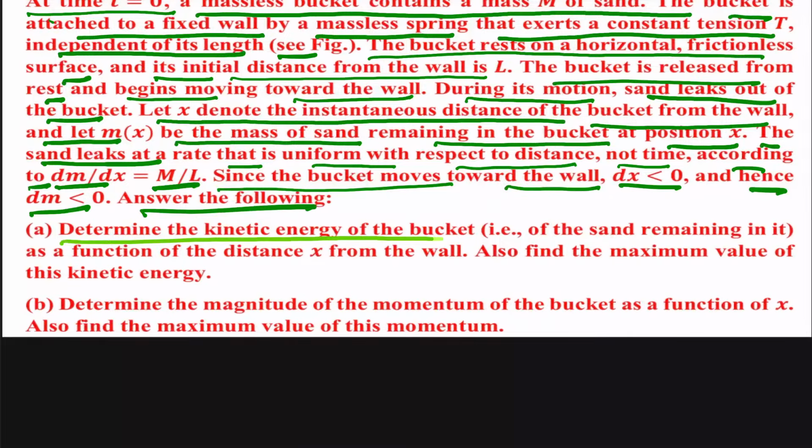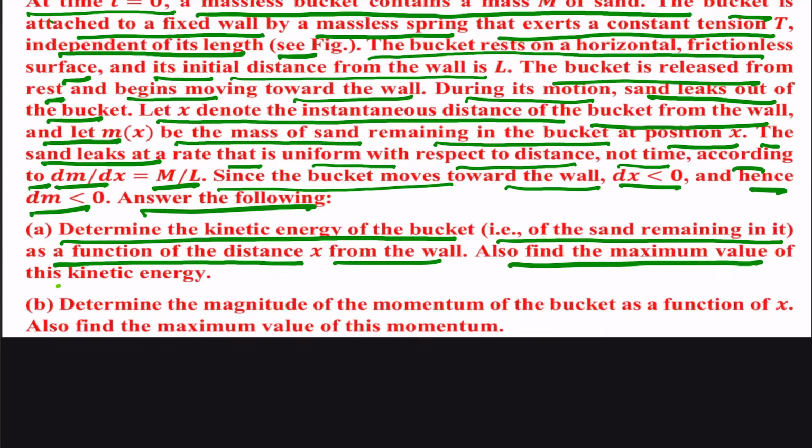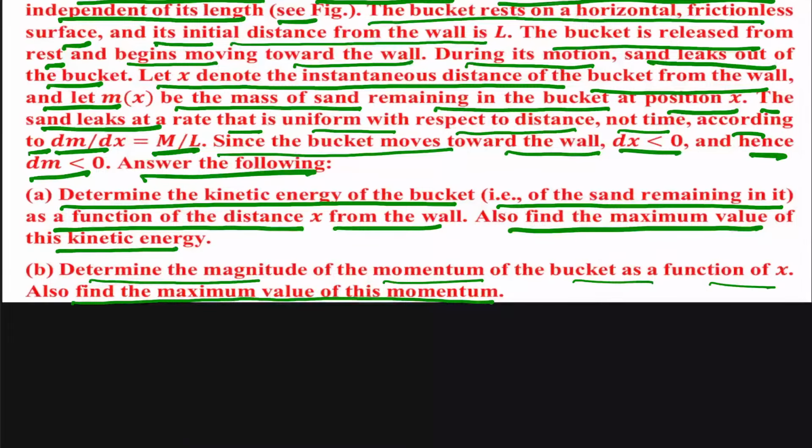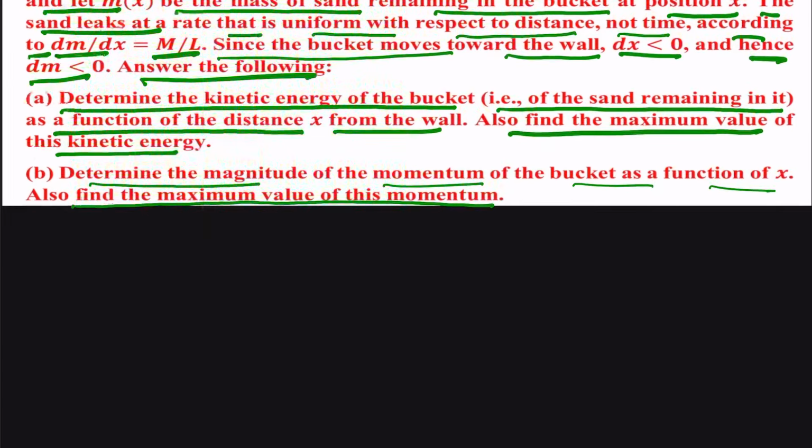Part A: determine the kinetic energy of the bucket, that is of the sand remaining in it, as a function of distance x from the wall. Also find the maximum value of this kinetic energy. And part B: determine the magnitude of the momentum of the bucket as a function of x. Also find the maximum value of this momentum. So in this case, the question is not lengthy, but it's quite simple.